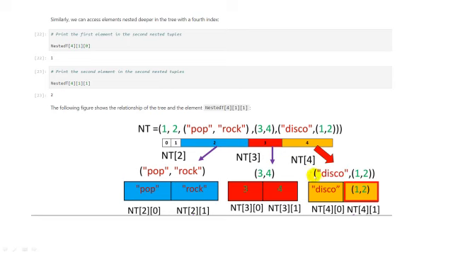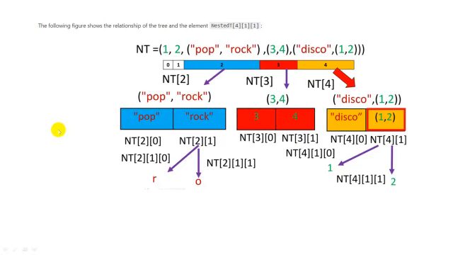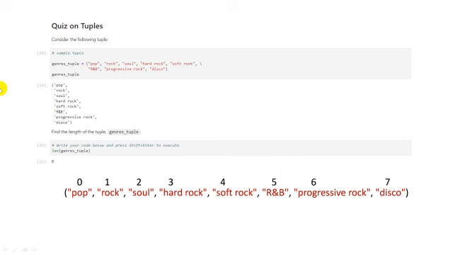If you can visualize it or write it down in this way, it will simplify the tuple. The figure below shows the relationships of the tree and the elements. Again 4, which is 1, 1 is 1 2, and 1 is 2. So by this indexing you can access each and every element of the tuple.